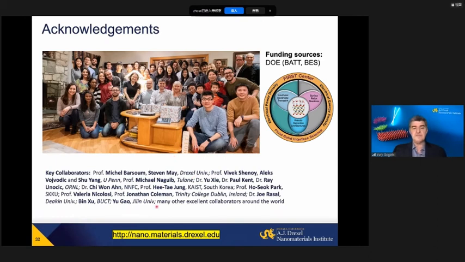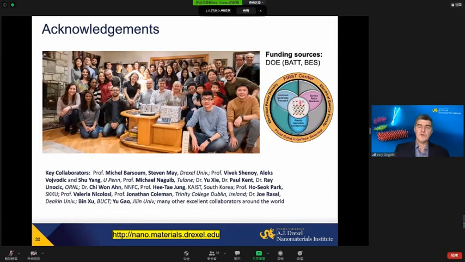This is just a very, very small subset of collaborators. Also, much of our electrochemical energy storage research has been supported by the Department of Energy, by the Fluid Interface Reactions, Structures and Transport Energy Frontier Research Center, where we work with colleagues from Oak Ridge National Lab and a bunch of universities on MXenes. And with this, I am going to stop.